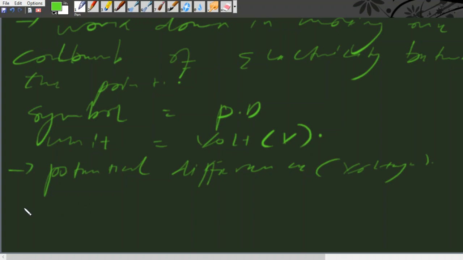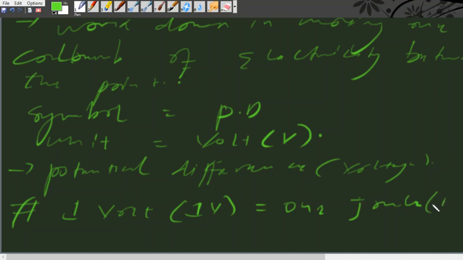And you must know that 1 volt, which is 1 V, is equal to 1 joule per coulomb.